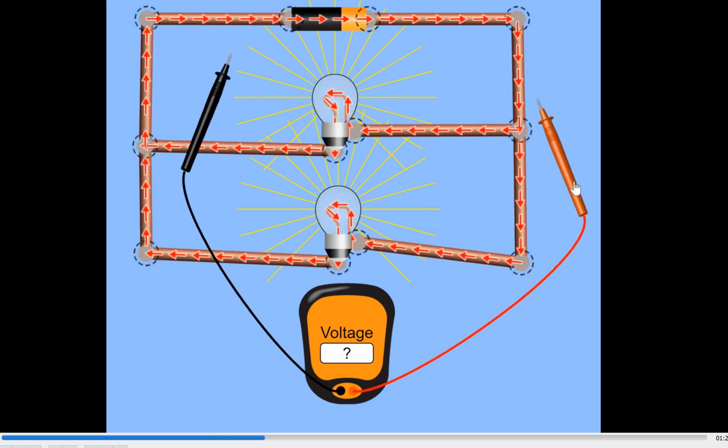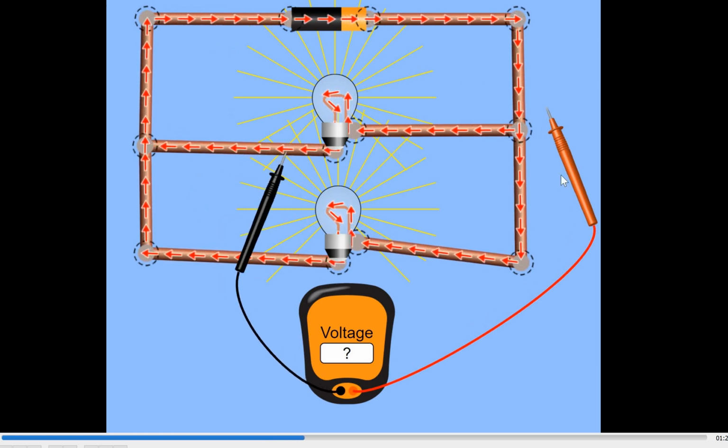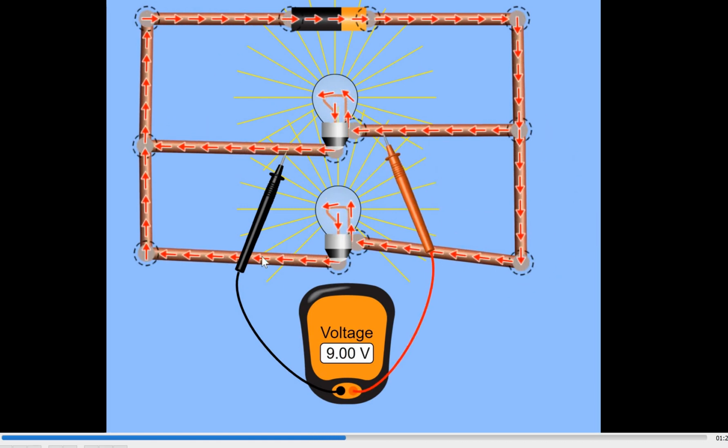So if I place my voltmeter across the top bulb, that should also give me a reading of 9 volts.